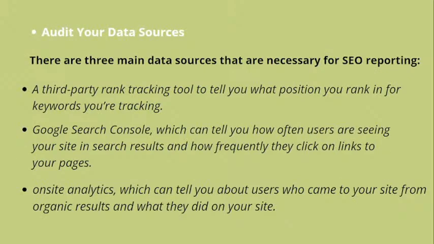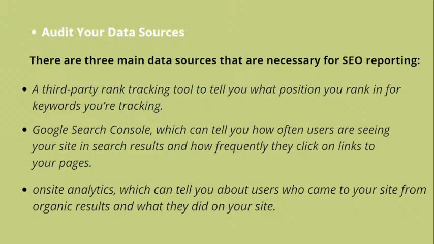So in that, how do you audit your data sources? There are three main data sources that are necessary for SEO reporting. A third-party rank tracking tool tells you what position you are ranking in for the keywords you are tracking.